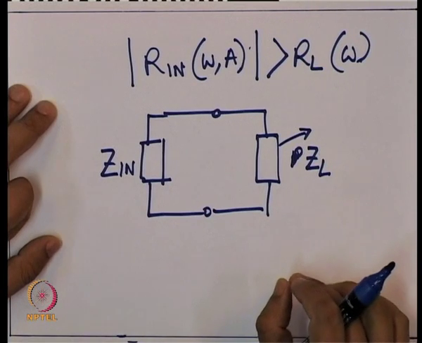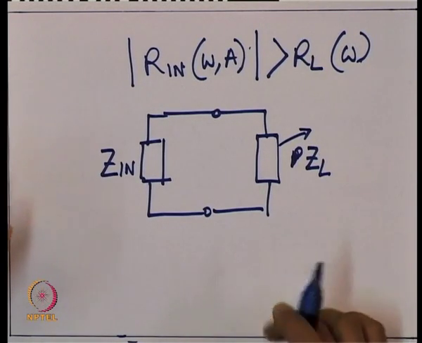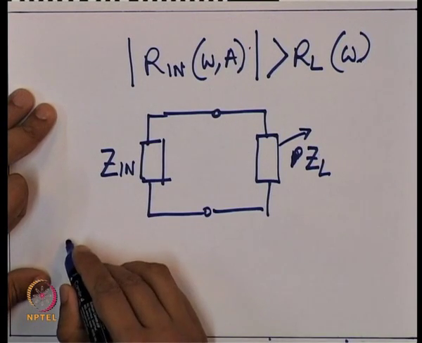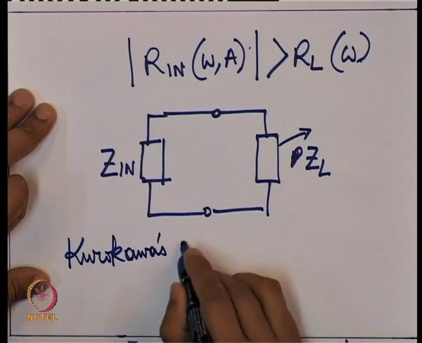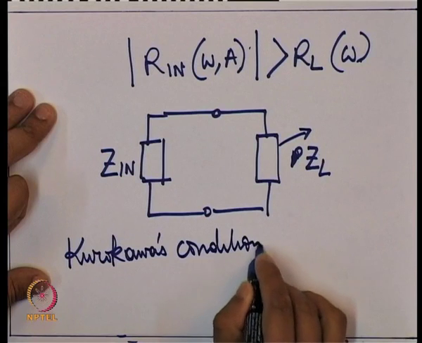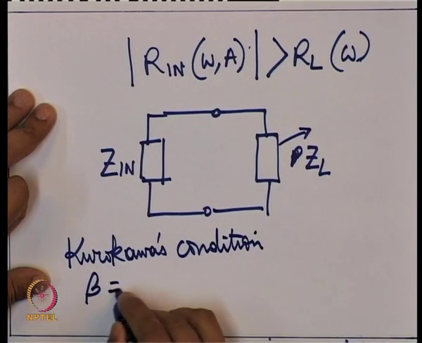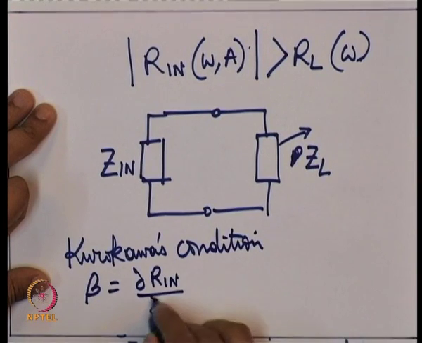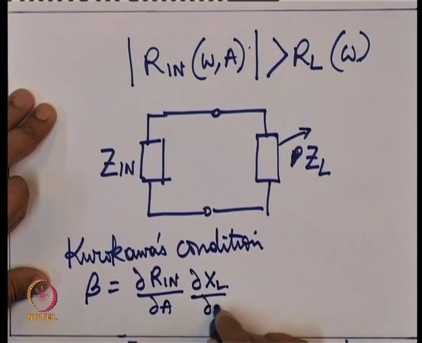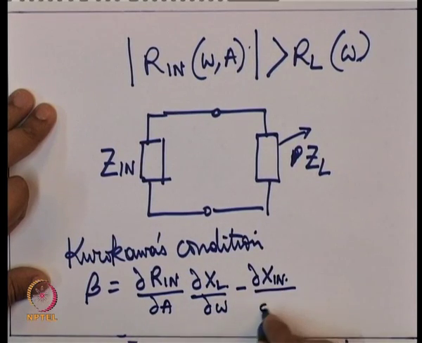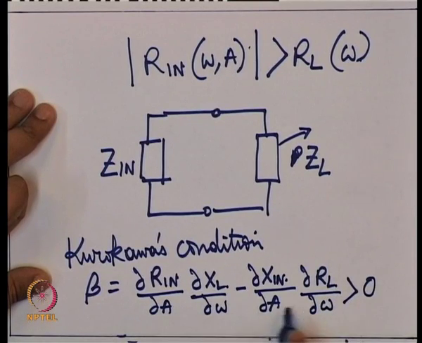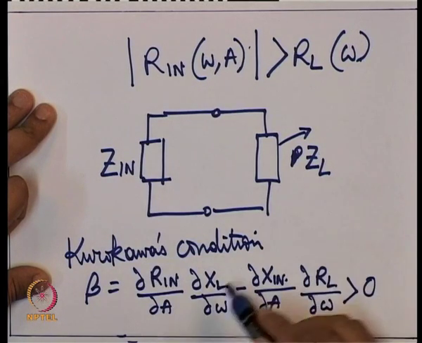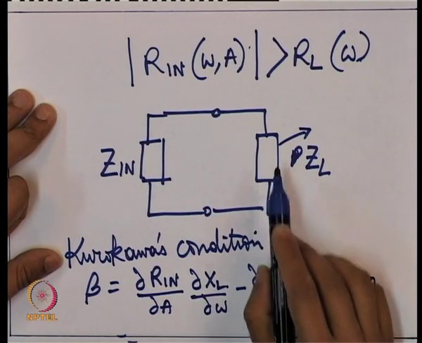At the point of oscillation, however, in order to ensure stability, there is a condition called Kurokawa's condition, which states that beta... If this condition is satisfied, here note this R in and X in are the real and imaginary parts of Z in, RL and XL are the real and imaginary parts of ZL.